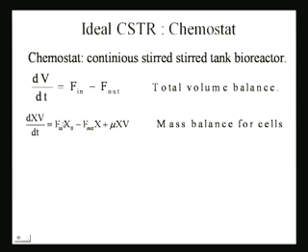So d/dt of xV equals F in times x naught. x naught is the amount of cells that is coming in the feed. The feed itself can have some cells, minus F out times x, x is the amount of cells in the outlet product, and mu times x, where mu is the specific growth rate per unit cell, is the total for the amount of cells, times the volume, because the volume of the liquid should come in over there.